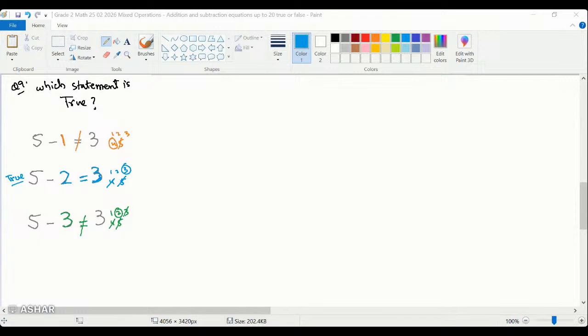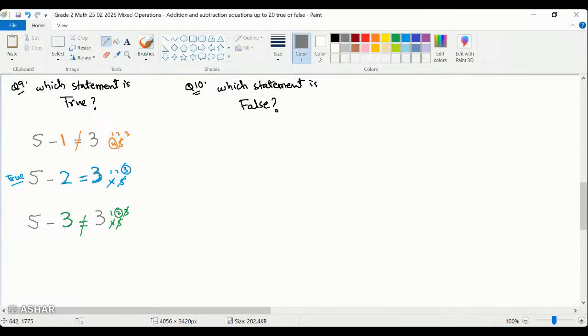One more question, then we do the test. Now let's see if they are asking which statement is false. Okay, let's look at some examples.